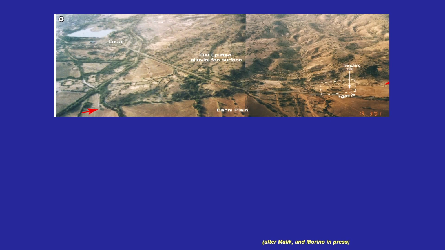Now, further looking at active fault topography, this is from the Kutch region, where we did mapping after the 2001 Bhuj earthquake, and from the aerial survey we did, we identified the active fault. But unfortunately this active fault did not move, or no displacement was observed, during the 2001 Bhuj earthquake.